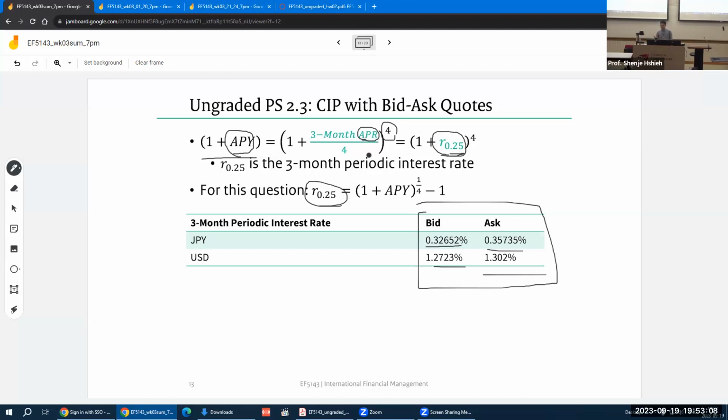Okay, so that means you have to divide by 4 to get the quarterly compounded annually, and then substitute in here. Sorry, you're given APY. Sorry, I got it backwards. You're given annual percentage yield, and you're solving for this, which is just the periodic rate.